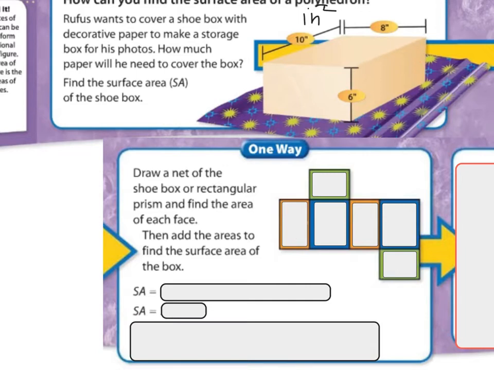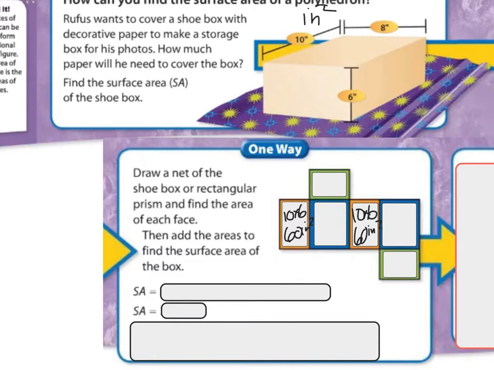I know that this side is also the same as this left side that I can't see. So I know that it's going to be base times height. Base, I don't see a number, but these are the same. So it's 10 times 6. And both of those sides are the same, so each of those are 60 inches squared.